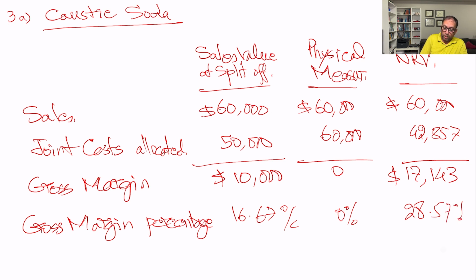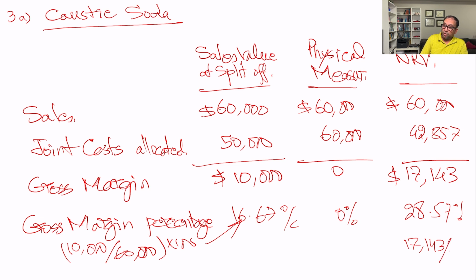This is how we get it: 10,000 divided by 60,000 into 100, so we get this value. And 17,143 divided by 60,000 into 100, so we get this value. There is no need to calculate 0. That's simple and understandable.